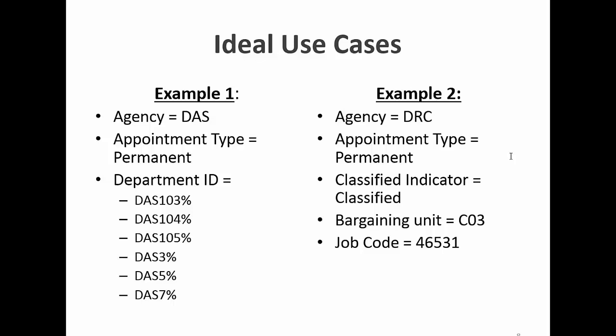Example 2 is with DRC. You can see that on your screen. We're looking at permanent here. We're looking at classified folks in a particular OCSEA bargaining unit code. And we're also looking at job code 46531, which just happens to be the correction officers.